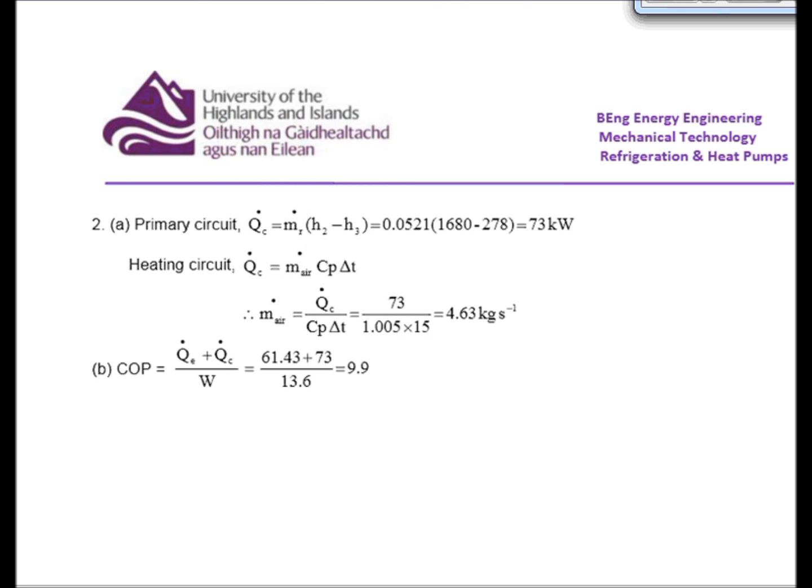So if we first calculate what the actual heat transfer is in the condenser, by applying an equation from the primary circuit using mass flow rate of refrigerant times change in enthalpy, we get 73 kilowatts.